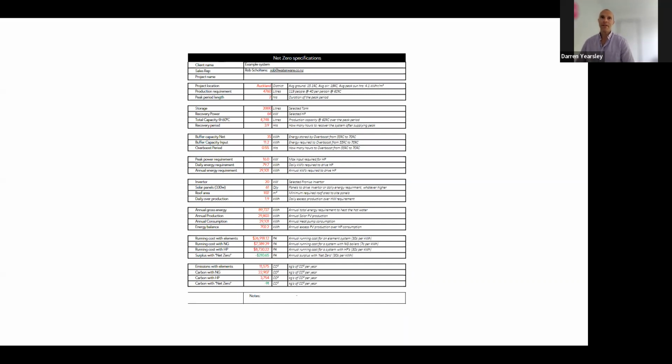The comparisons we do: the first one is, if I was going to produce that hot water with a distributed system where I was going to use electric hot water cylinders with electric elements, the running cost per year of the system is about $27,000 per year. If I was going to do the same system but with a centralized gas, it's about $7,500. If I was going to do centralized heat pump without PV offset, it's about $8,700.